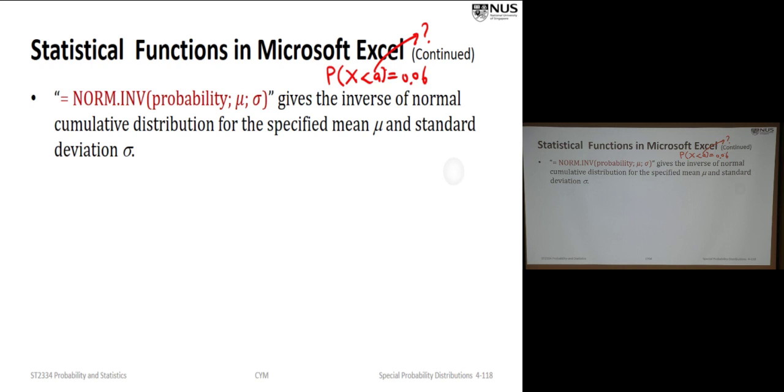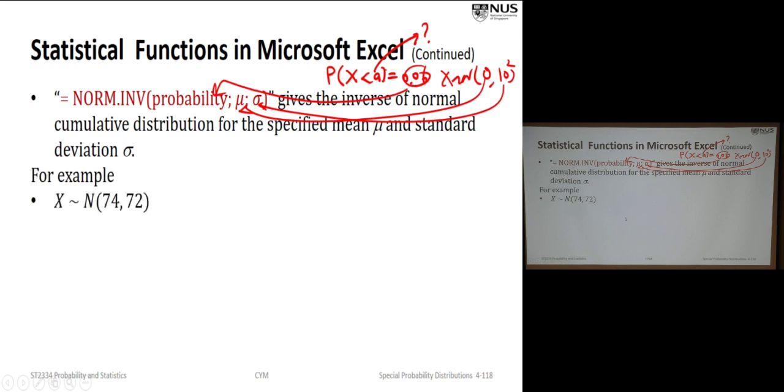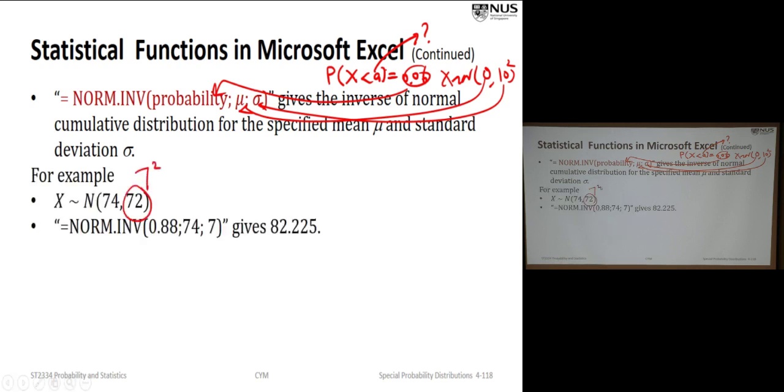So this is the probability, and X follows normal, let's say 0, 10 square, then this will be the mean, and this will be the standard deviation. And then that will give you the value A. Again, this is wrong. Please, it's 7 square. All right? 7 square, not 72.